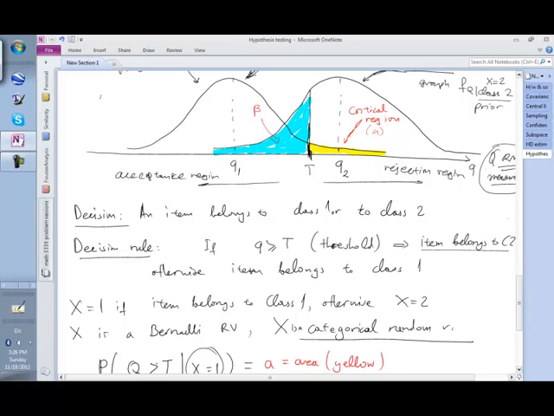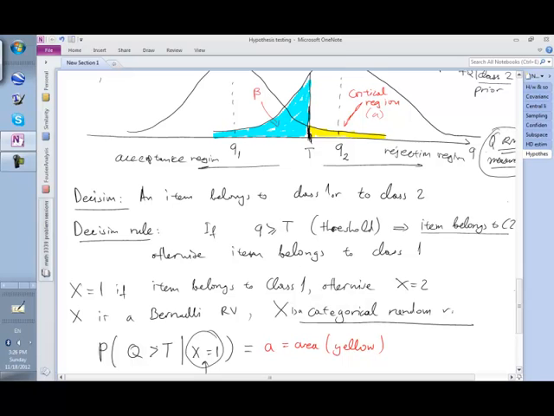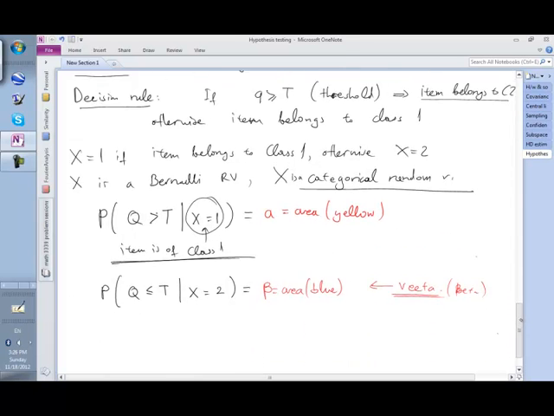Otherwise, if the patient falls in the acceptance region but belongs to class 2, then that would be the false positive. But of course, you can reverse these two things.